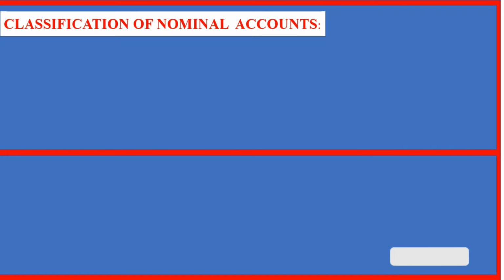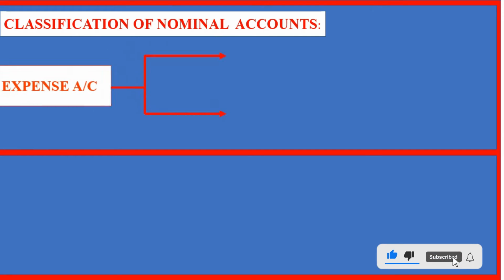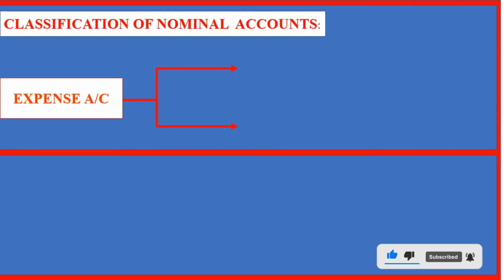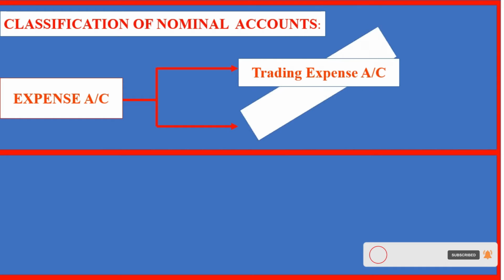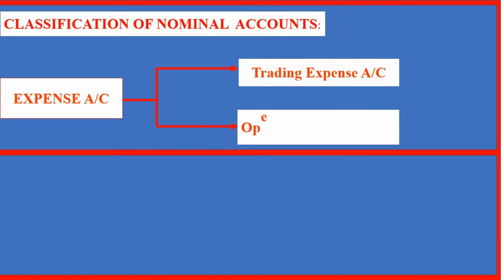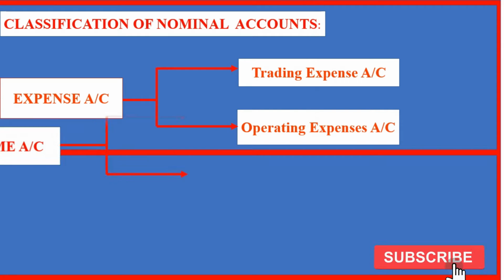Now, under classification of nominal accounts, there are two categories. That is the expense account, which is made up of a further classification of trading expense account and operating expense account.